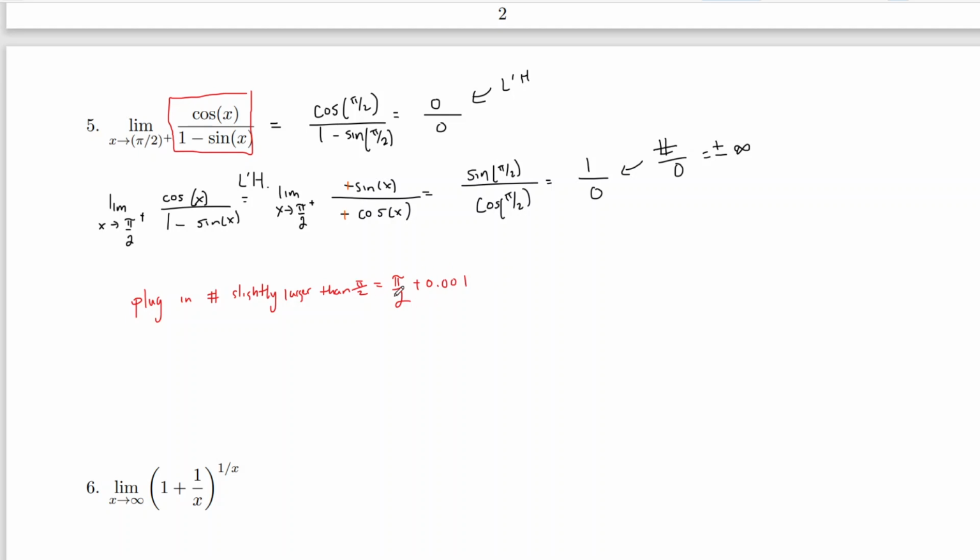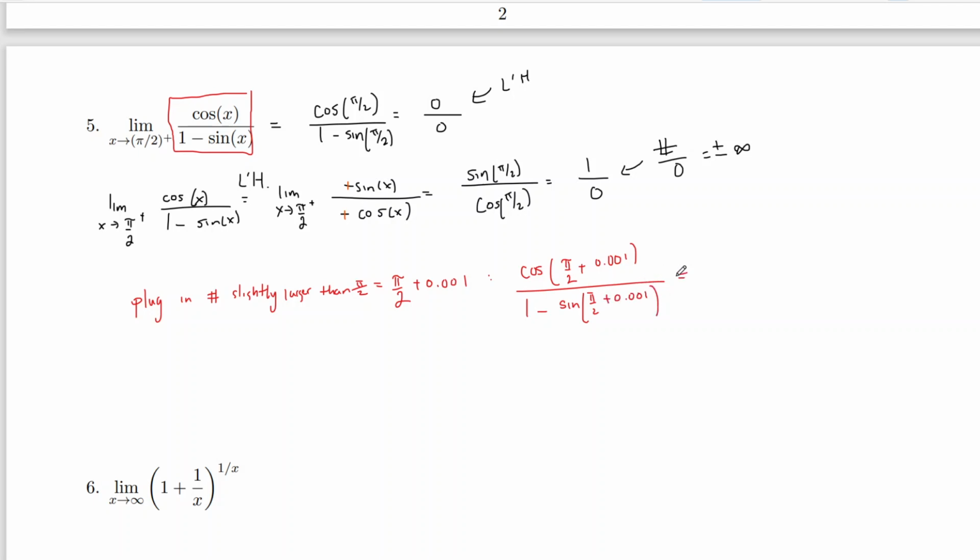All right, so you have to make sure you plug in pi over 2. If you plug in like 3.14 and then you add this, you might actually be to the left of it. So we're going to have to make sure we plug in exactly something like this. Remember to plug it into the original, we saw at the end of the last video why you should do that. We have cosine of pi over 2 plus 0.001 over 1 minus sine of pi over 2 plus 0.001.